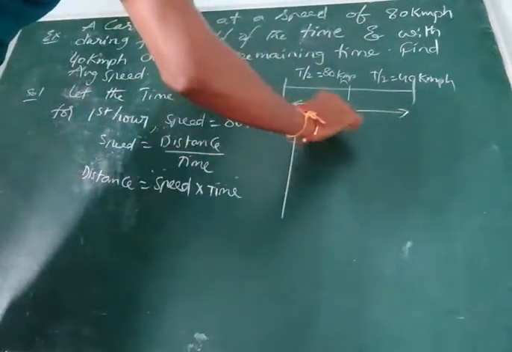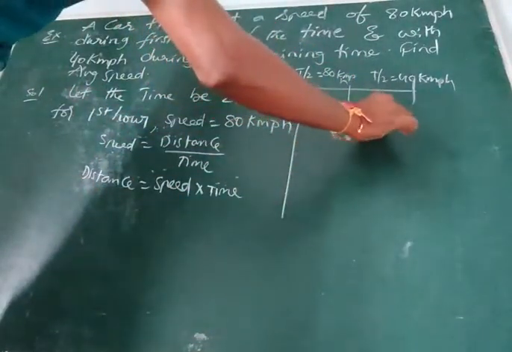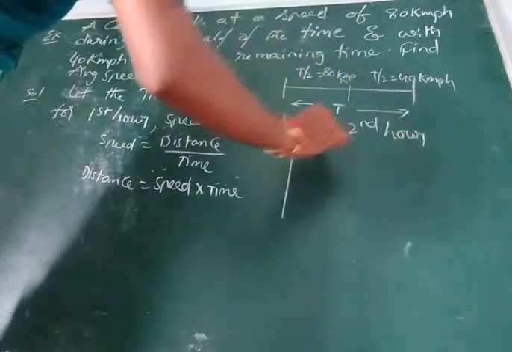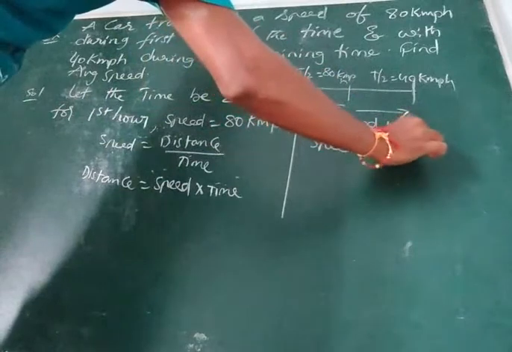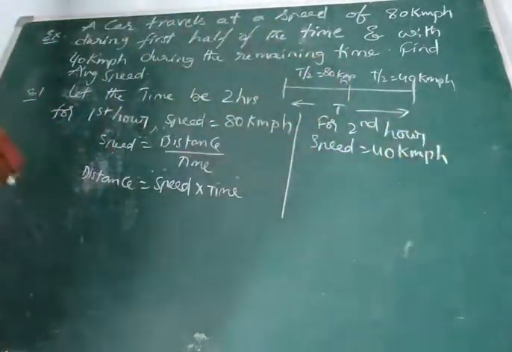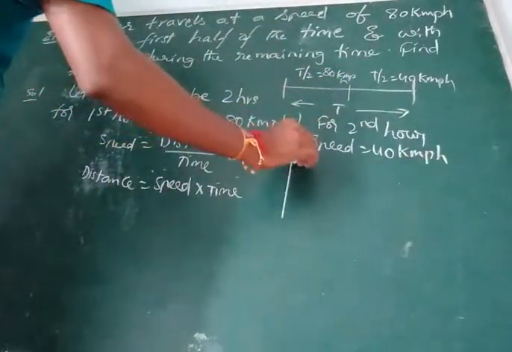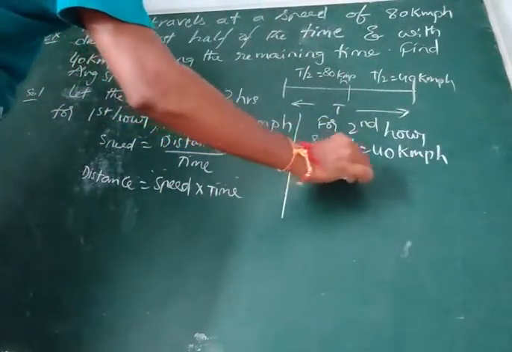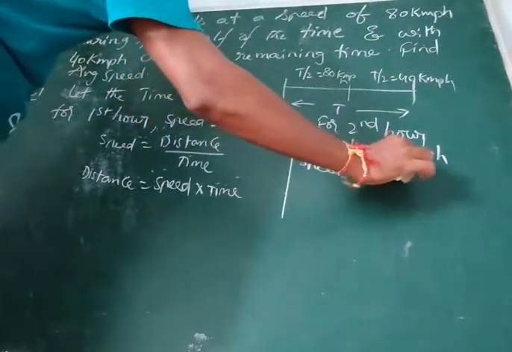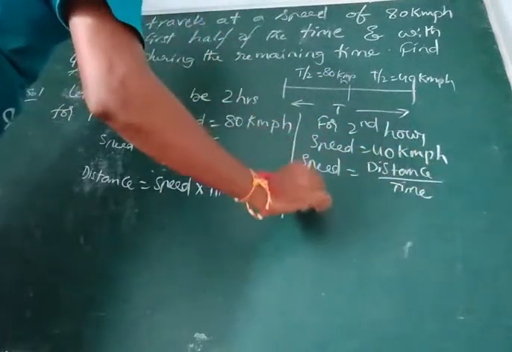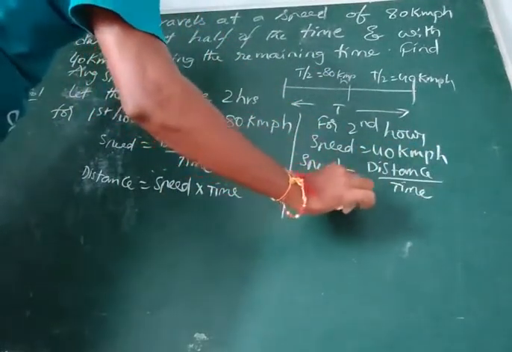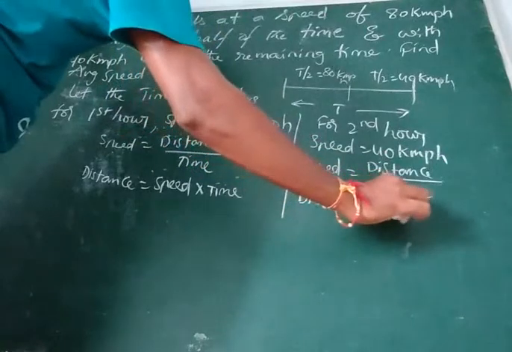For the second hour, speed is equal to 40 km per hour. Okay. So speed is equal to distance by time, and distance is equal to speed into time.